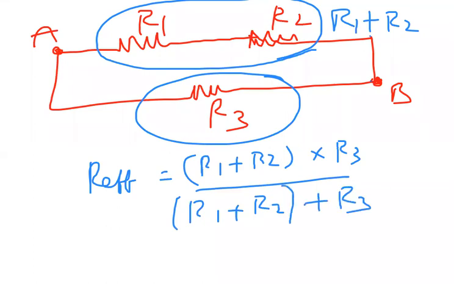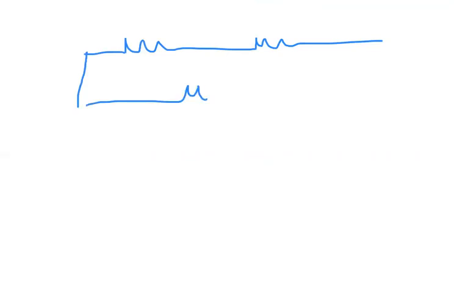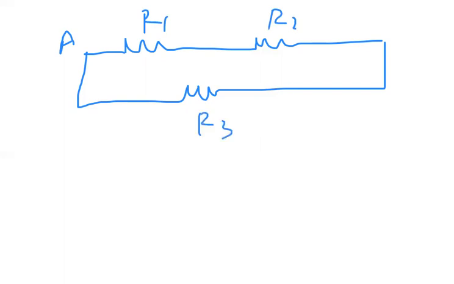So now if I have taken the points like this, there are three resistances. Now this point is A, with R1, R2 and R3. Suppose where should we take the B point? Once we have taken the B point in between R1 and R2, and again between R2 and R3.